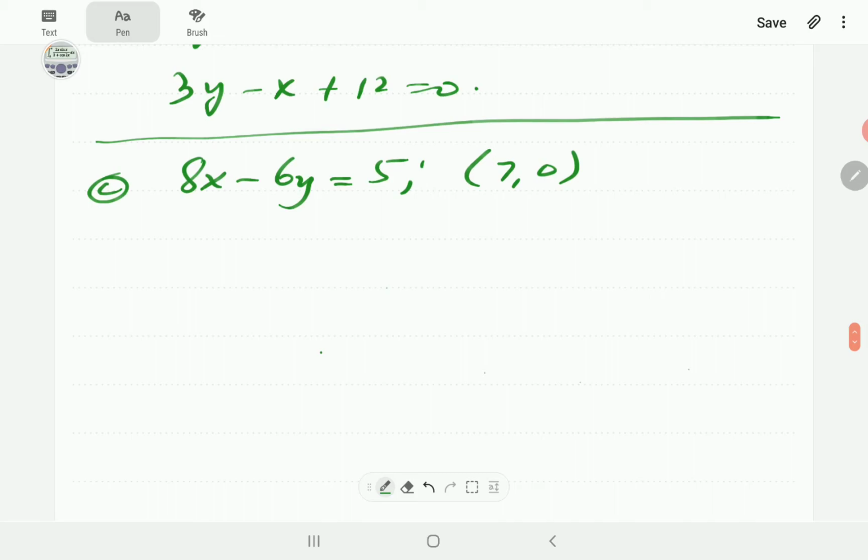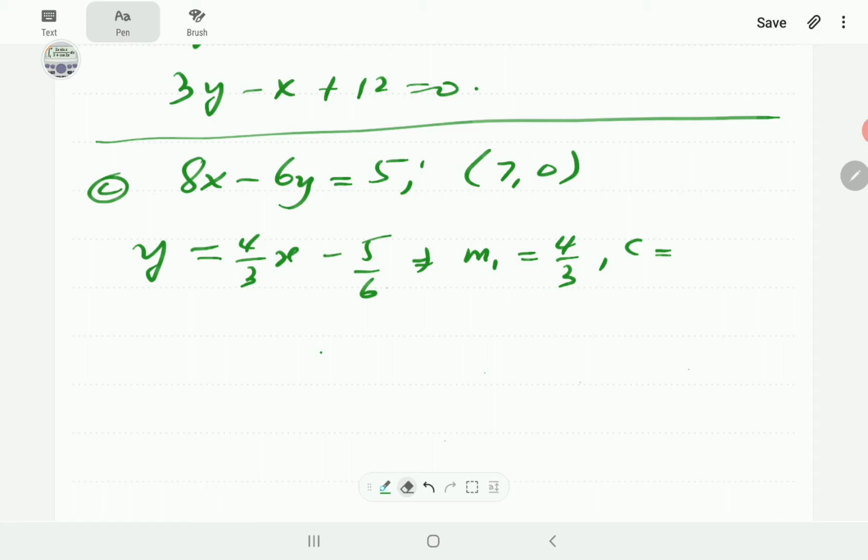This equation is not in standard form. So if we convert it to standard form, we're going to have y is equal to 4/3 x minus 5/6, which means m1 is 4/3.